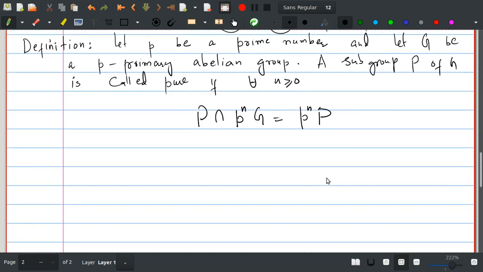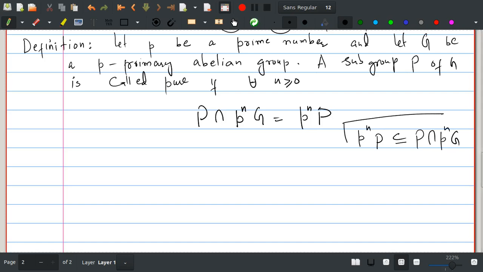Now one can see here that one of the inclusions is trivial. That is, p^n P is always contained in P intersection p^n G, so this is trivial, one can see over here.